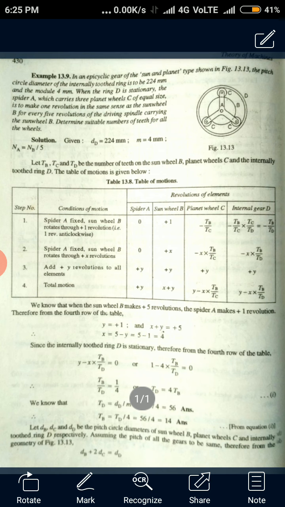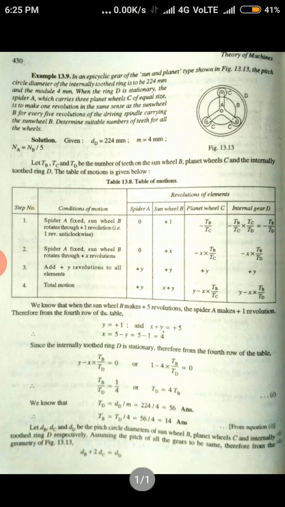When the spider, or arm, which carries 3 wheels, makes one revolution, then sun wheel B makes 5 rotations. You can use this condition once you form the table and see the sketch very carefully.